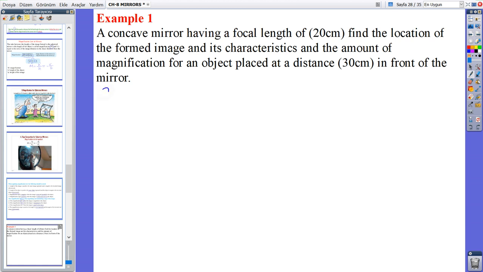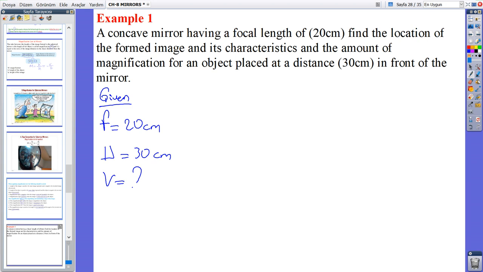First, when we write the given information from the question, it gives focal length equals 20 centimeters, and the distance of the object equals 30 centimeters, and we will find the distance of the image.